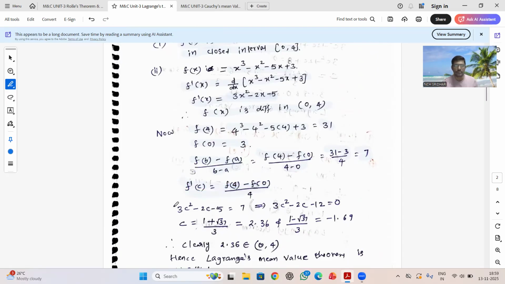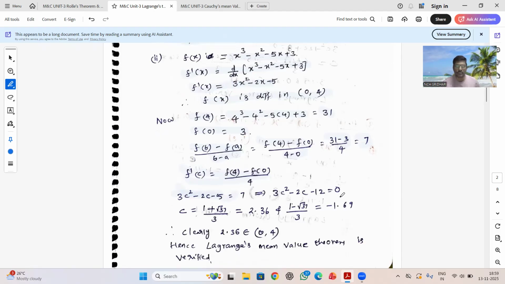So 3c² − 2c − 5, substituting x equals c in f'(x), then we get 3c² − 2c − 5 equal to 7. Now 3c² − 2c − 12 is equal to 0.